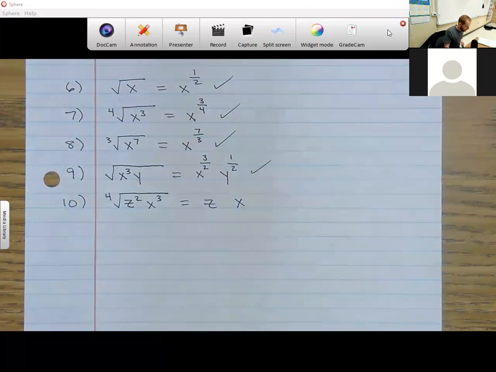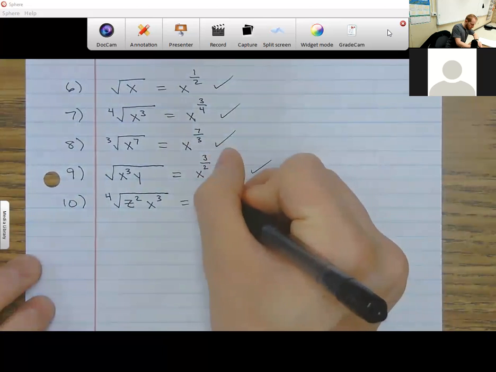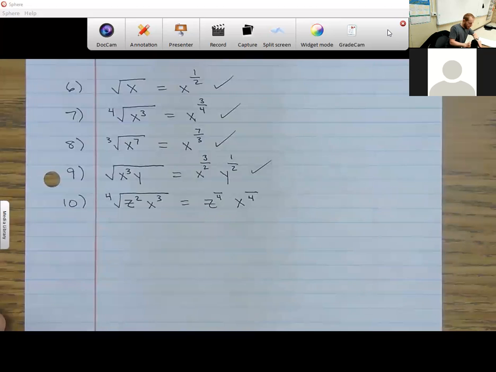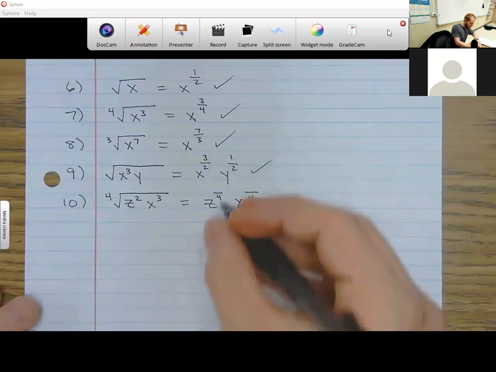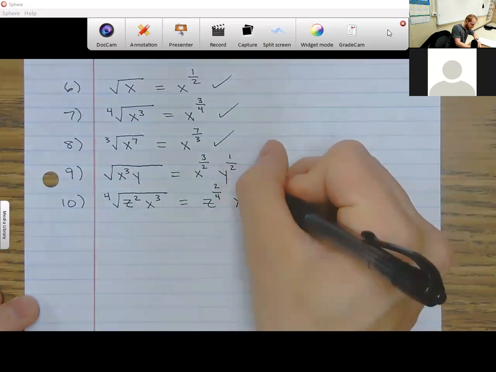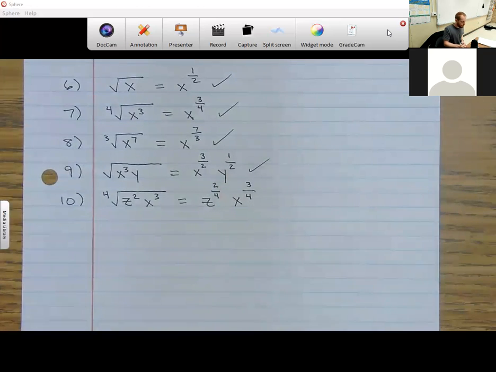The bottom of the fractions are going to be 4, since that's the index. So I know 4 is going to be in the denominator. And then the new exponents are going to go on top. So I'm going to have a 2 at the top for this one, and I know I'm going to have a 3 at the top for this one. So really it's 2 over 4 and 3 over 4.